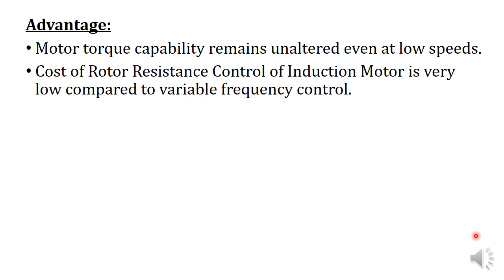And the cost is very low. The cost of rotor resistance control of induction motor is very low compared to variable frequency control. As we have discussed in the previous lecture, variable frequency control is much costlier as compared to other drives, even though it has many other advantages. So this method is very cheap.